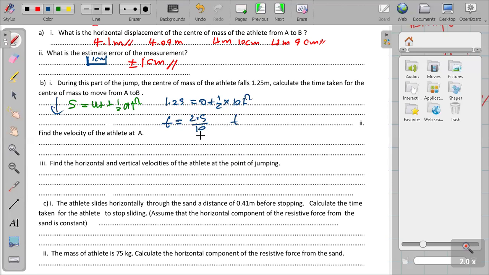If you really want, you can show the square root of 0.25. You can also choose not to show these steps. They don't expect that. They expect you to write, listen to me really carefully now, these are the exam tips. You have to write the relevant equation.